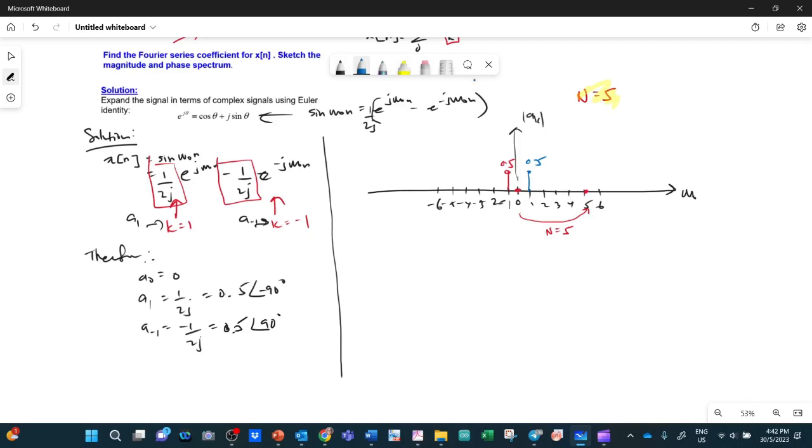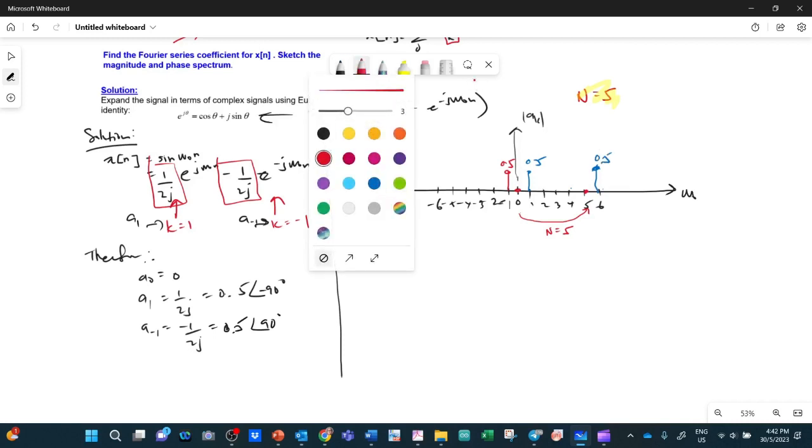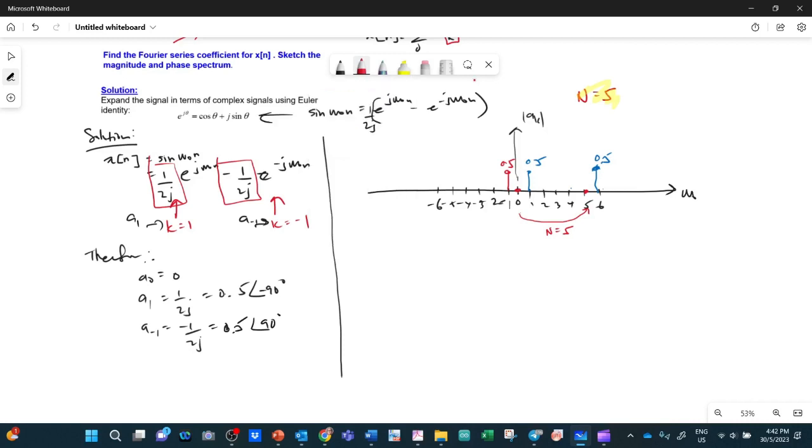For the 0 point, it is at 0 to 5, and a1 is going to repeat at N equal to 5, so we have 1, 2, 3, 4, 5. It's going to repeat here, 0.5. And for the negative value, it's going to repeat in the same way, 1, 2, 3, 4, 5. Same also for the negative part.